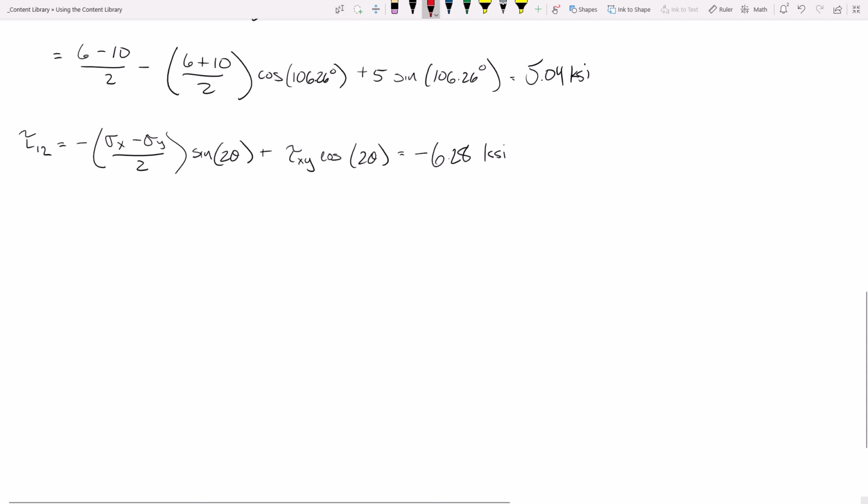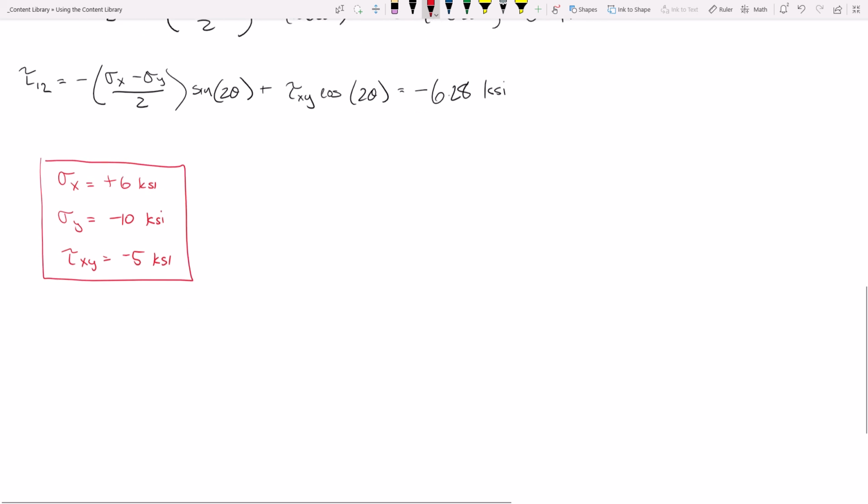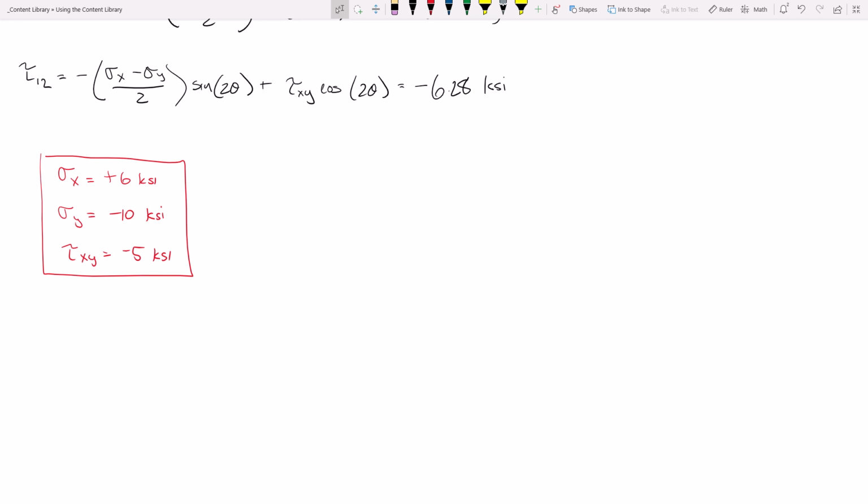Let's just sort of recap. So we had sigma x is plus 6, sigma y is minus 10, and tau xy is minus 5. Now, the way that you would draw this, it's already drawn up top, but it's like this.